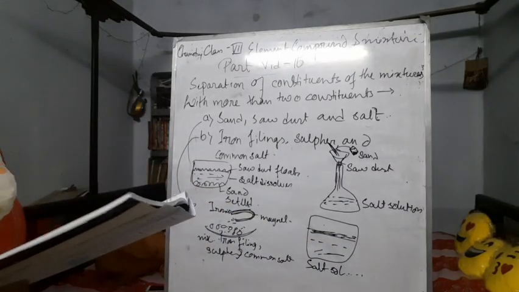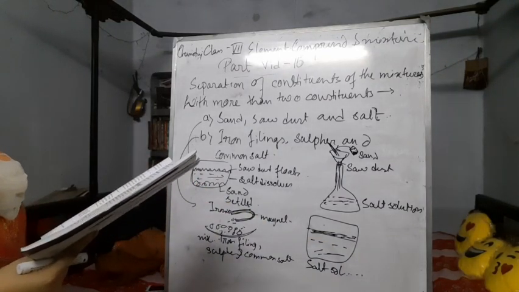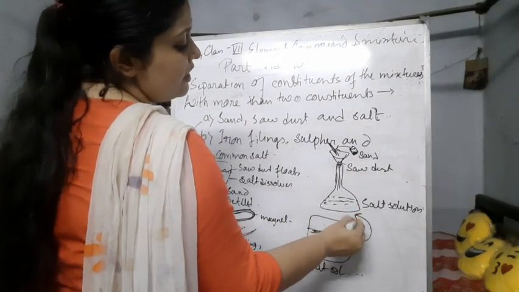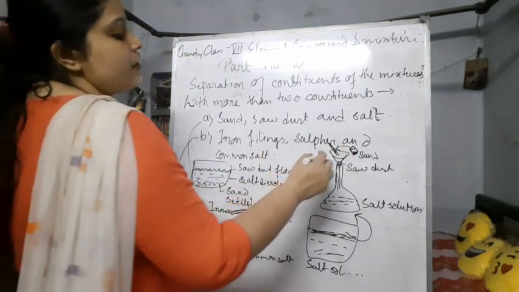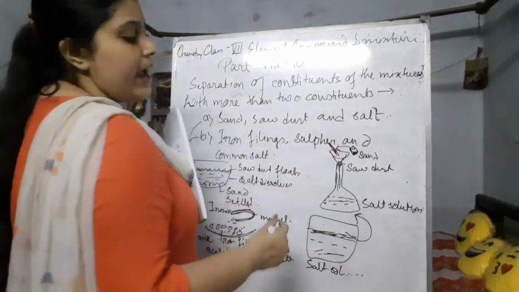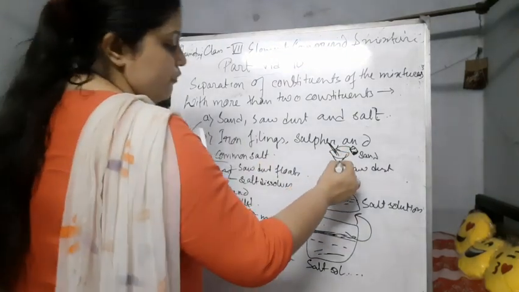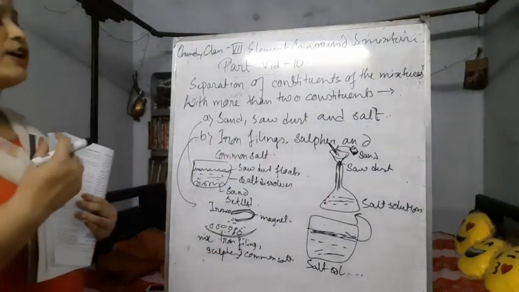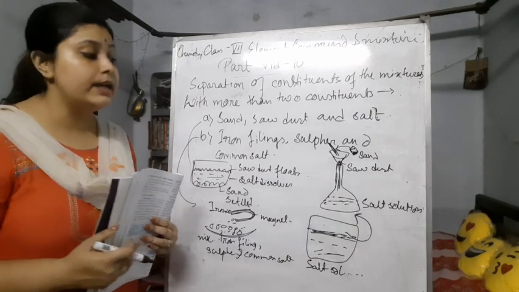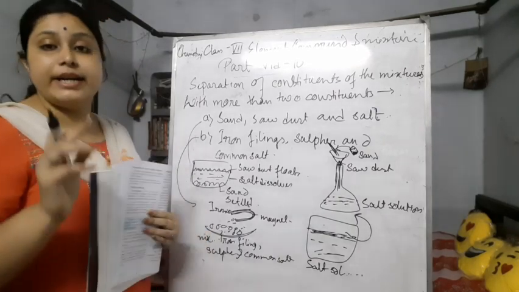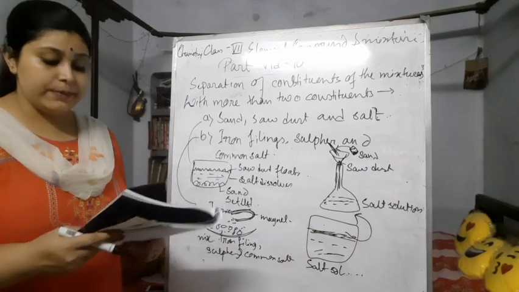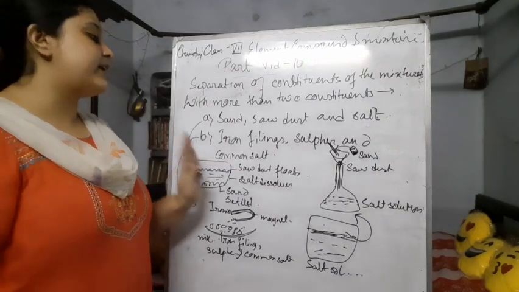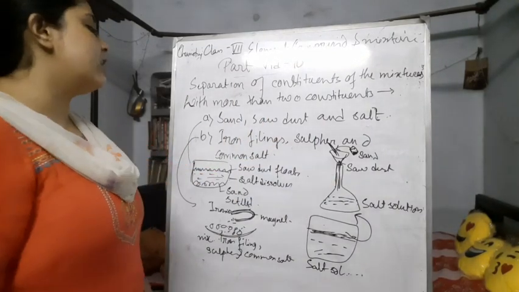The mixture is filtered, and the sulfur collects on the filter paper as residue, while the salt solution passes through. Then when we carry out evaporation, the water evaporates, leaving the salt behind. By this procedure we can separate the iron filings, sulfur and common salt.